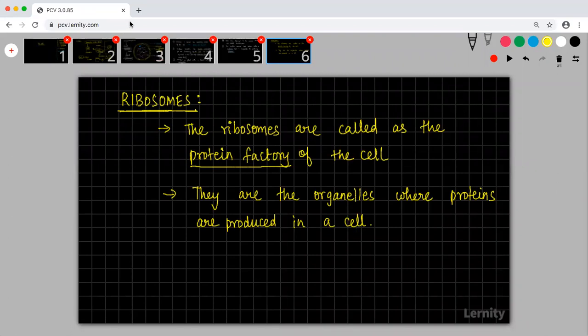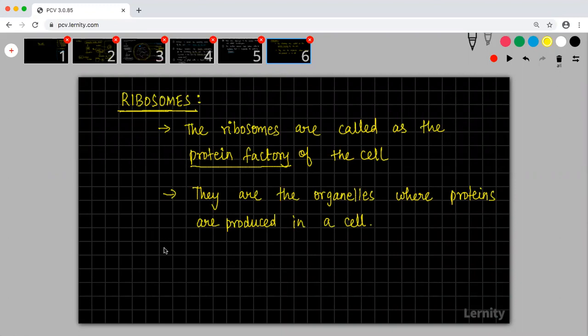Yes, both cells, even bacteria will have ribosomes, virus will not have. Bacteria, smaller organisms will also have ribosomes. Plant cells, animal cells, every cell will have ribosomes.